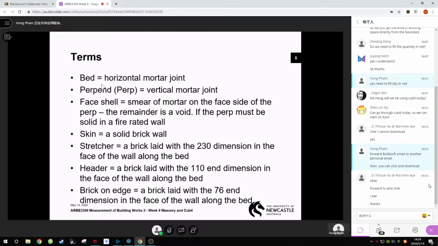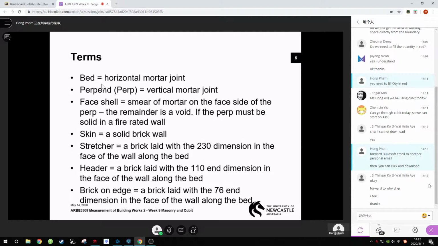The perp must be solid in a fire-rated wall.